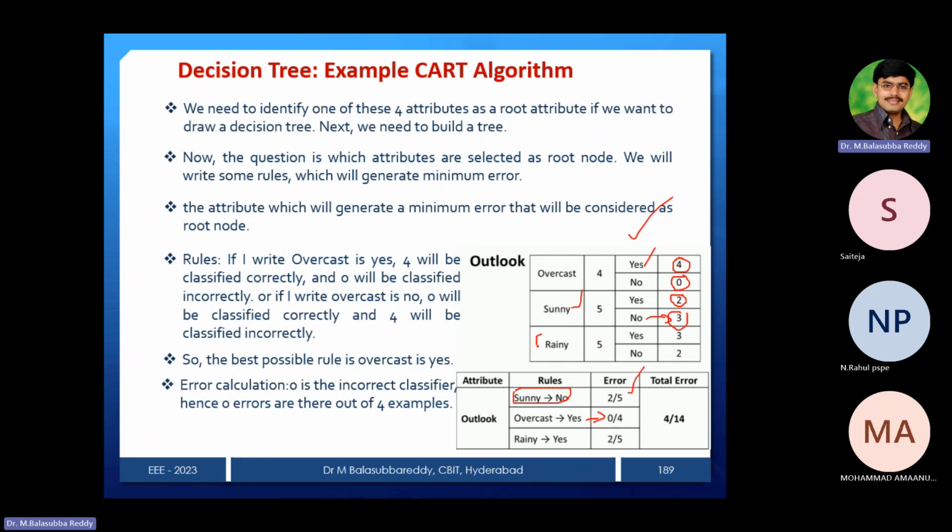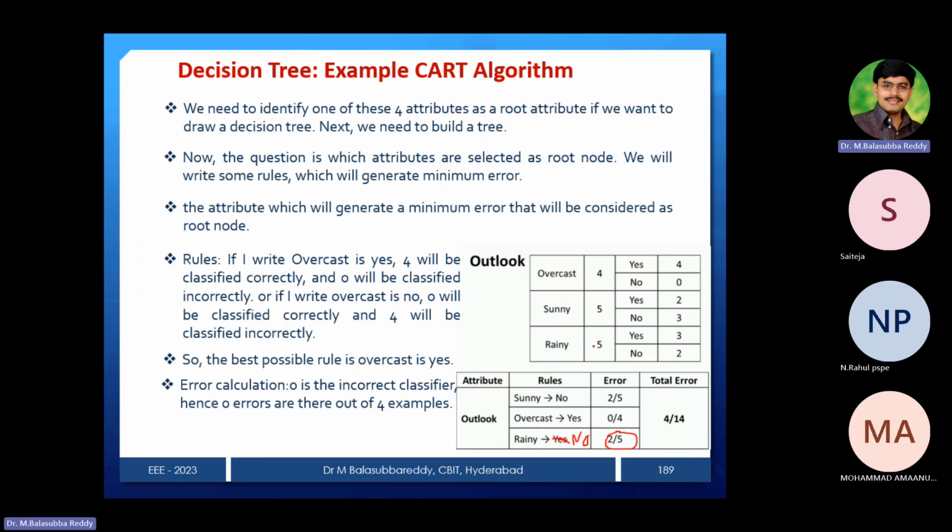Then rainy, the last one is rainy. If I take rainy is yes, what is your formula? Rainy is yes, then 3 will be classified correctly and 2 will be classified incorrectly. Then error is incorrect divided by total, so you get 2 by 5. That is the reason I take rainy is yes. Otherwise, suppose you take rainy is no. What is your error calculation?